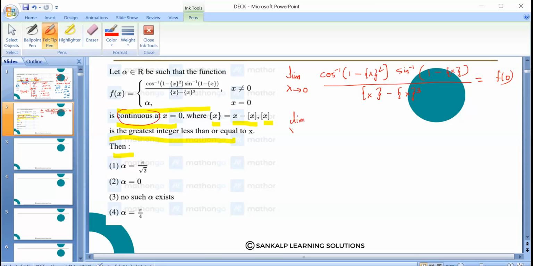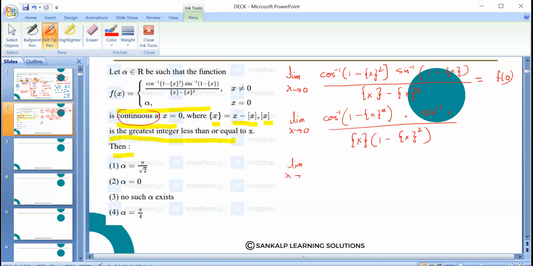Limit as x approaches 0, cos inverse of 1 minus x square into sin inverse of 1, by, take x common, you'll have 1 minus x square.